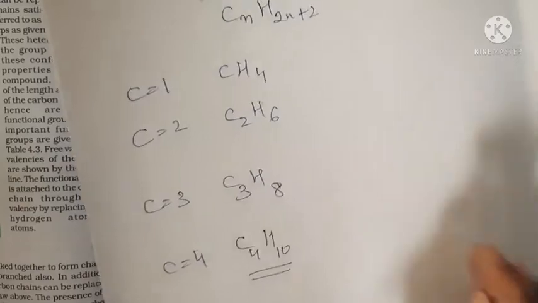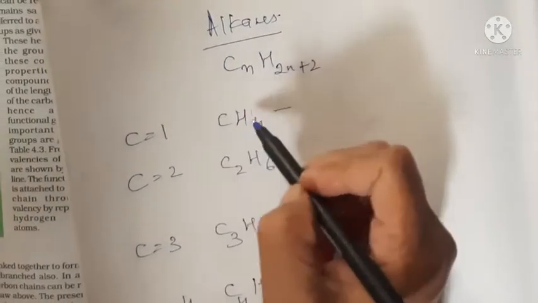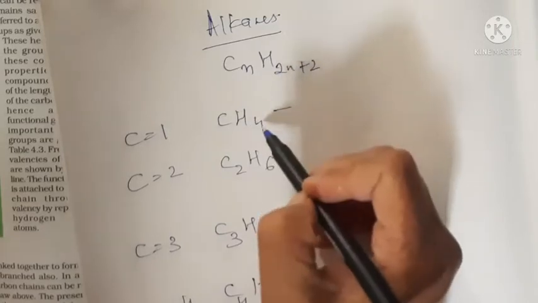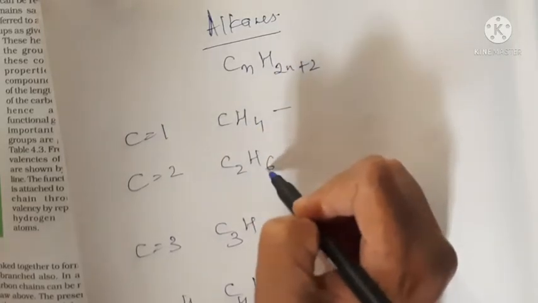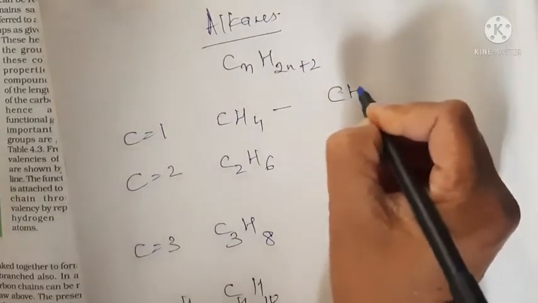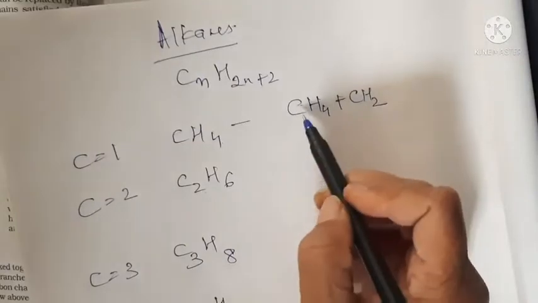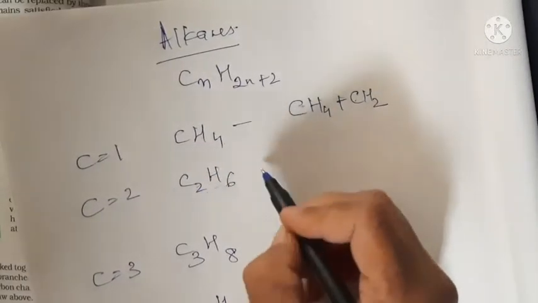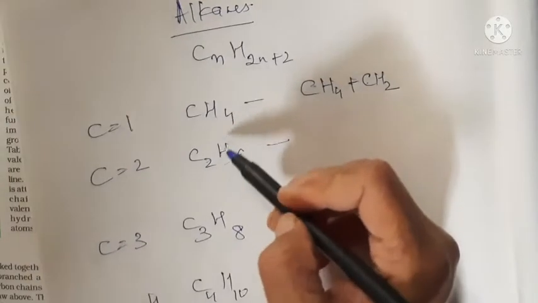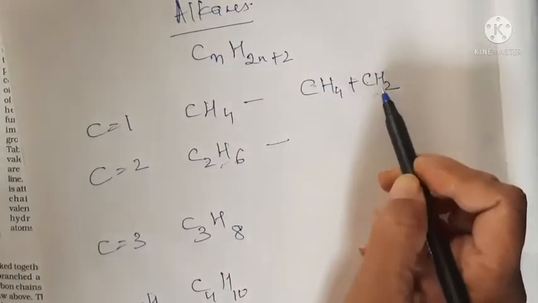Now just see here students, this is CH4, this is methane, 1 carbon atom, meth, plus it is alkane, so it is methane. Now you see C2H6, this is ethane, but in CH4, if you add CH2, what will you get? You will get C2 and H6, okay? Or if you subtract CH4 from C2H6, you will get this thing, okay?